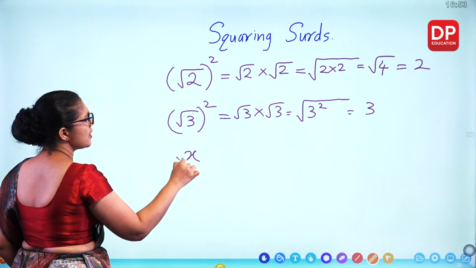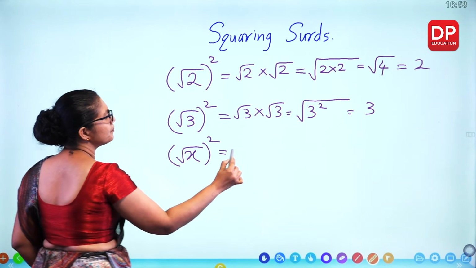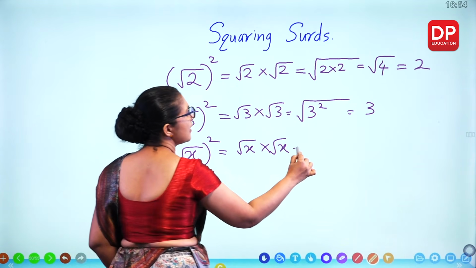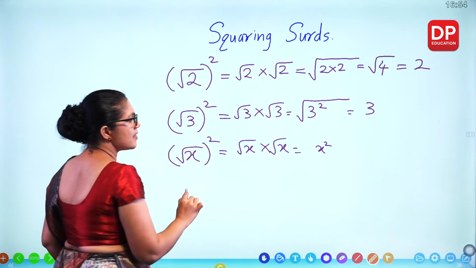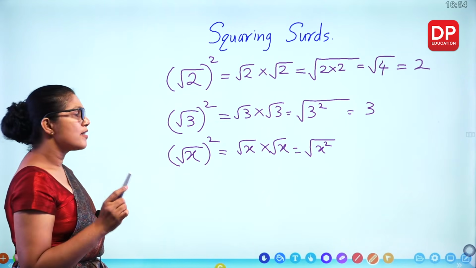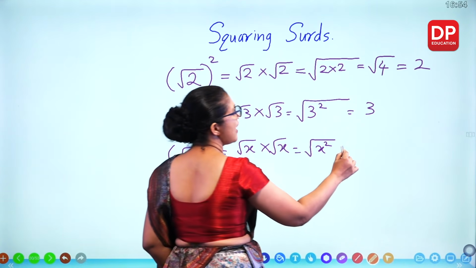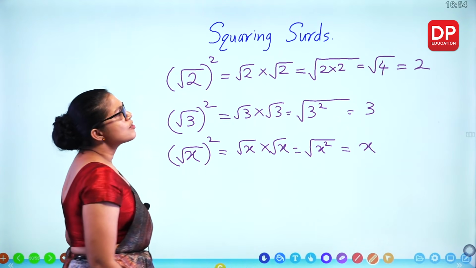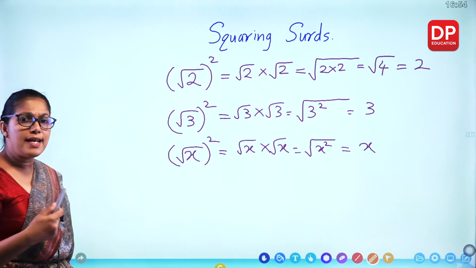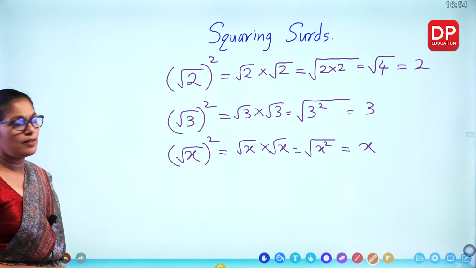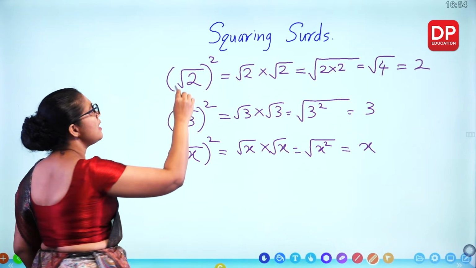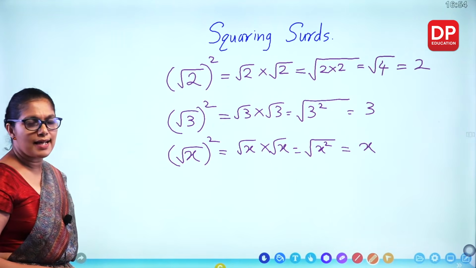When you take x, what happens? Root x times root x. Again, you can take it at once, x times x is x squared, under the root. When you take square and square root, it gets cancelled out and you get x. So what's the pattern you see? When you square any surd value, the surd form gets cancelled out and you get only the number inside.